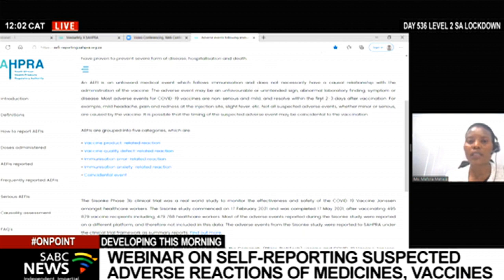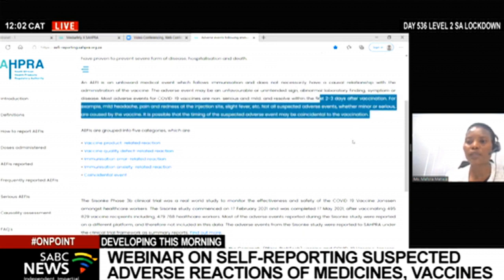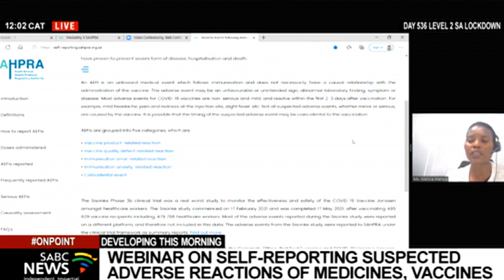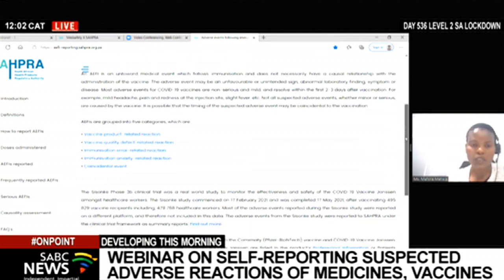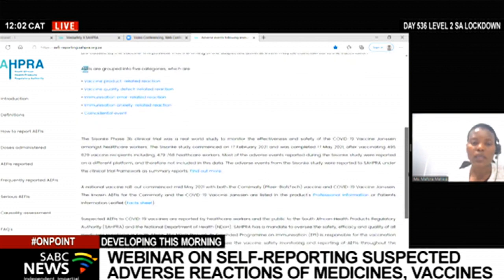And further, we indicate that most of the adverse events seen following immunization will occur for about 2 to 3 days, and then after that they will go away. We also provided the 5 groupings of the adverse events following immunization. And we touched on the Sisonke as well.